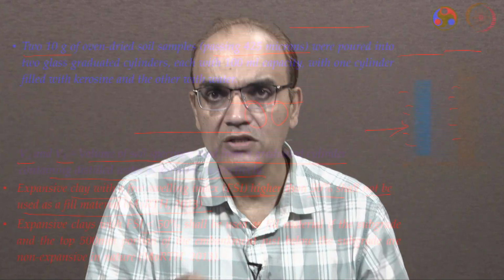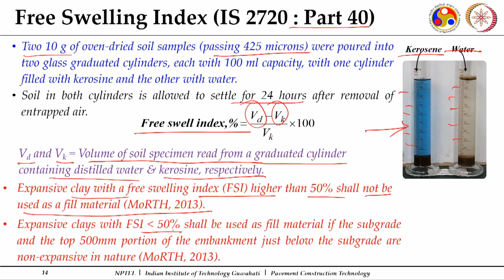Even certain soils which have a swell index less than that can be used as fill material, but you have to ensure the subgrade and the top 50 centimeter of your embankment just below the subgrade are non-expansive in nature. Always you will prefer to use a non-expansive material when you are doing the subgrade construction, and you will try to keep the embankment part at least 50 centimeter below the subgrade also non-expansive.